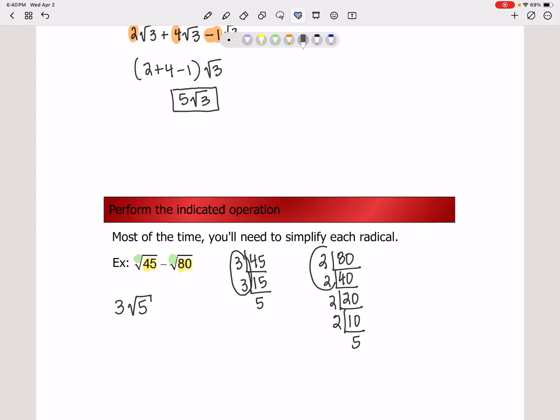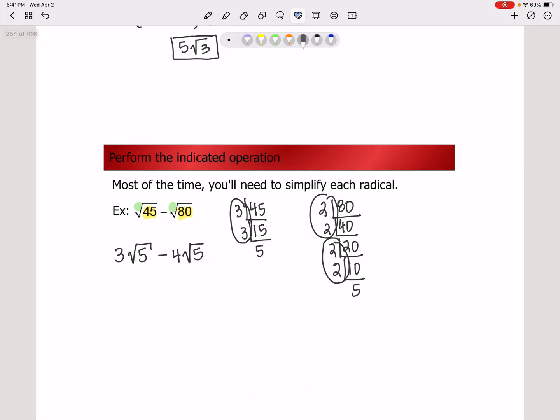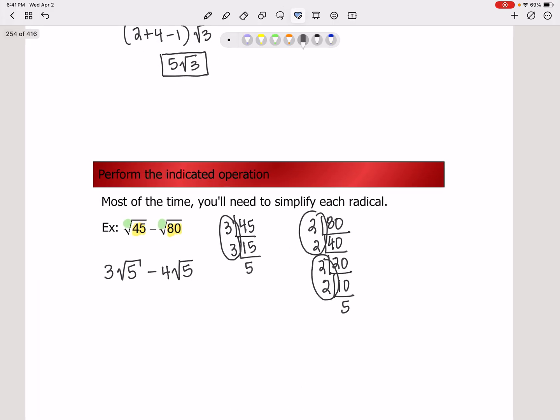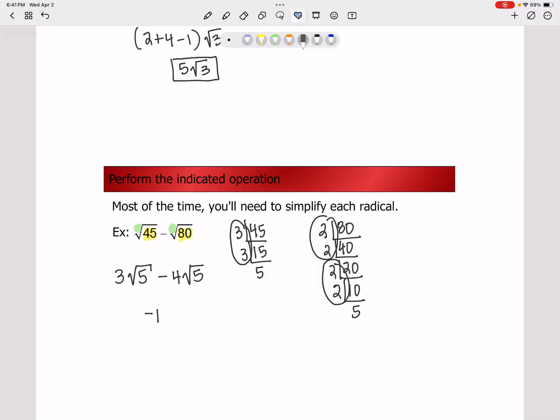So we have a pair of 2's, another pair of 2's. That's going to be 2 times 2 on the outside, so that's minus 4, times the square root of 5. So now we have 3 times the square root of 5 minus 4 times the square root of 5, which is going to give us a negative 1 times the square root of 5.